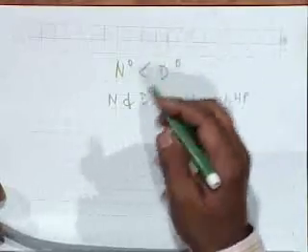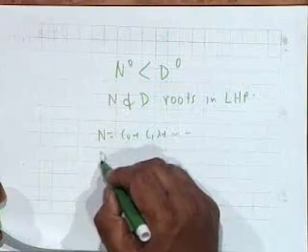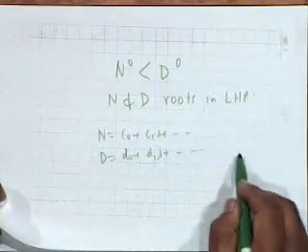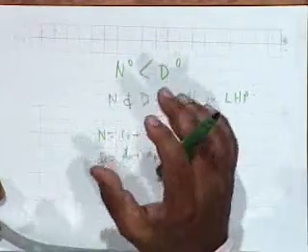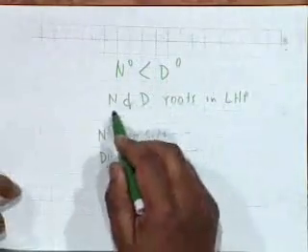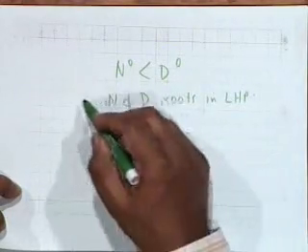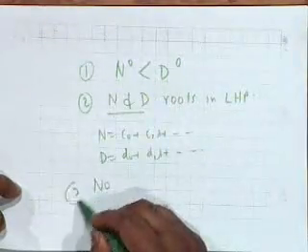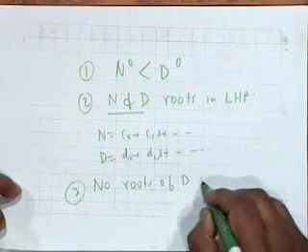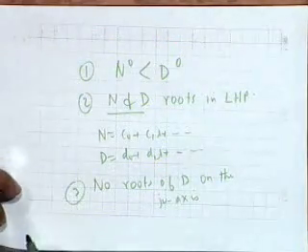We wrote N equal to C0 plus C1 s plus etc., and D equal to D0 plus D1 s plus etc., the polynomials obtained by multiplying the left half plane root factors. And third, no roots of D on the j omega axis, that is, no poles on the j omega axis.